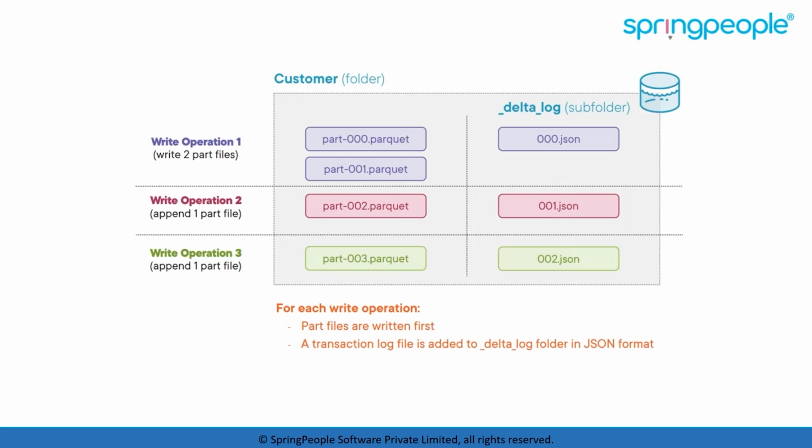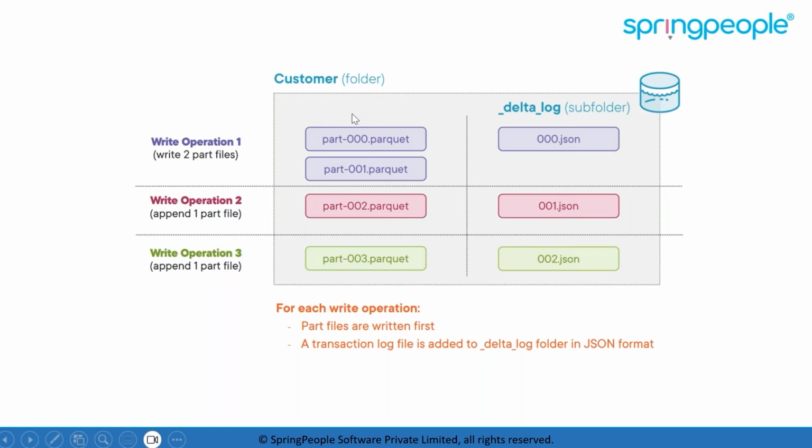Okay. So let me give you some examples to understand how the transaction log helps us bring the consistency. What does the transaction log actually consist of inside the Delta Lake architecture? So whenever we are performing this write operation, for example, initially I have the sales data in a folder.